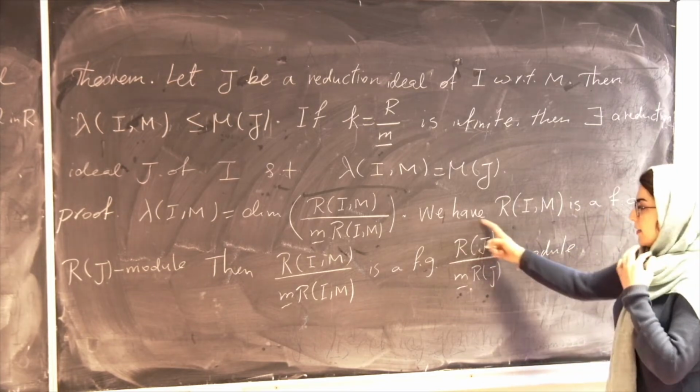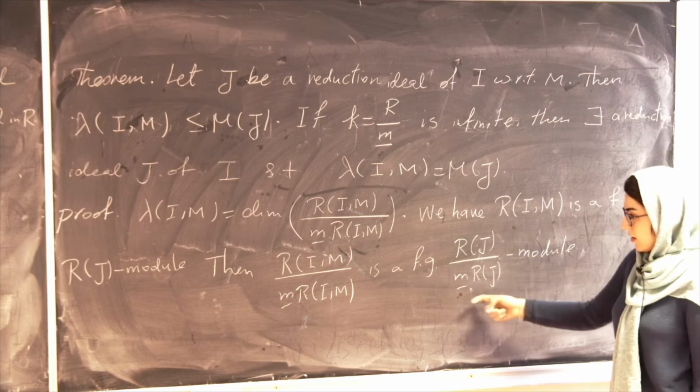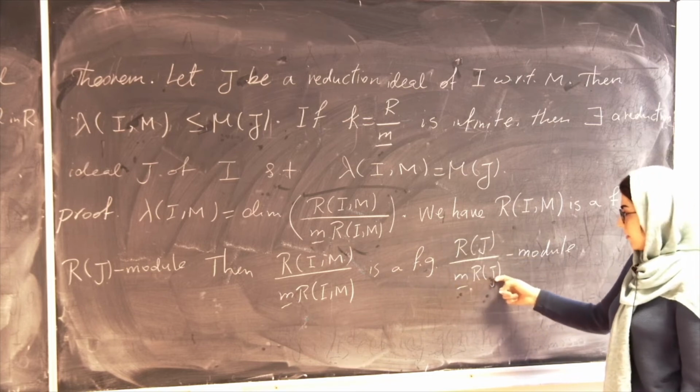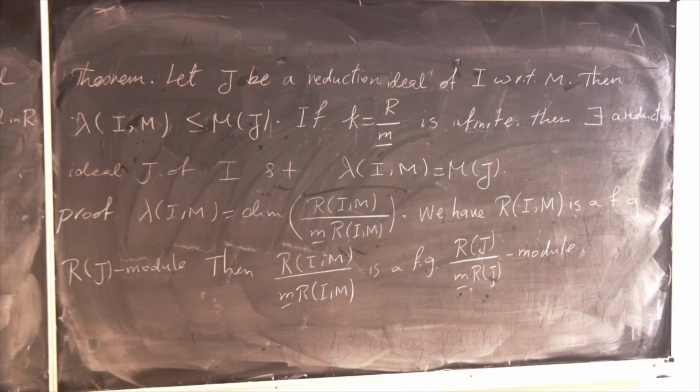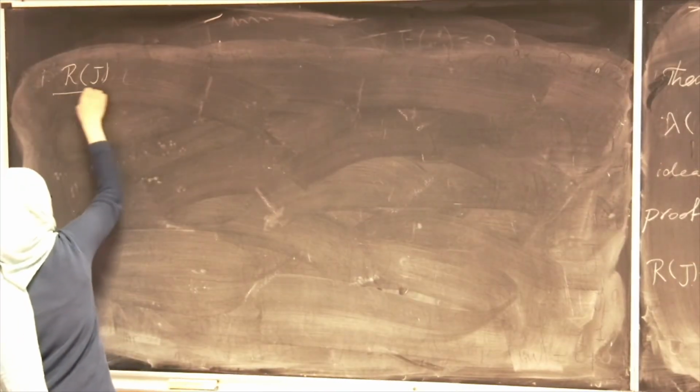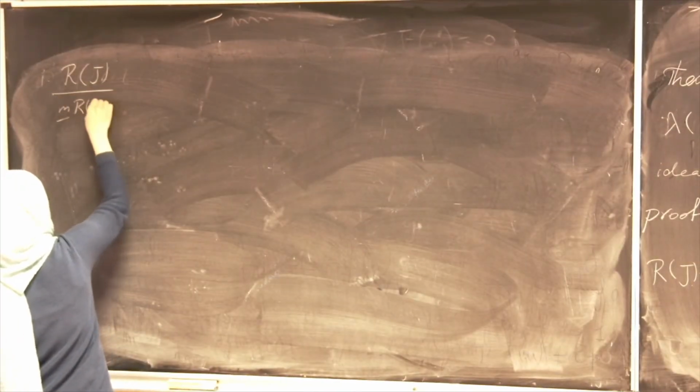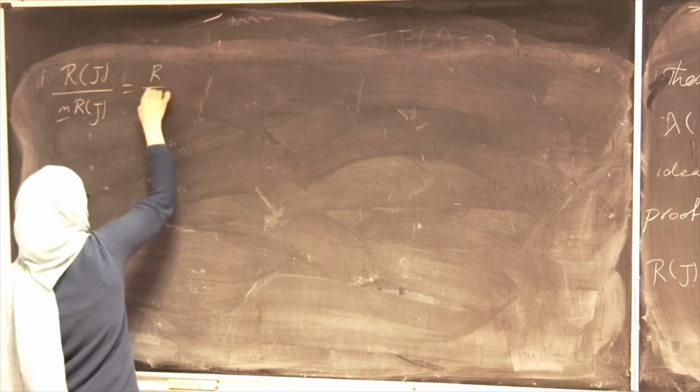So let's look at this quotient ring to figure out some upper bound for its dimension. So this RJ mod out by MRJ is just this graded ring.